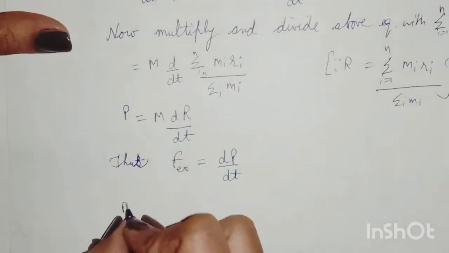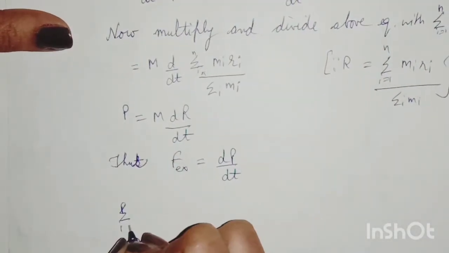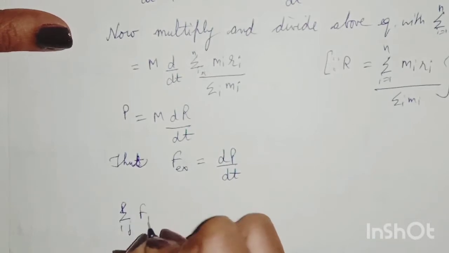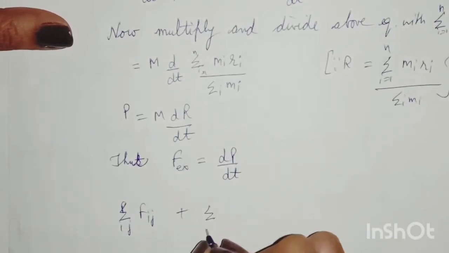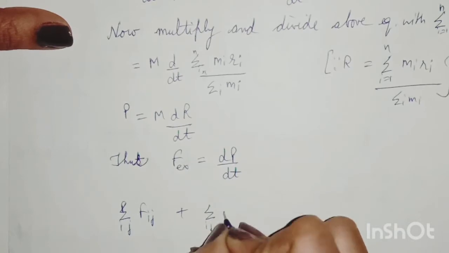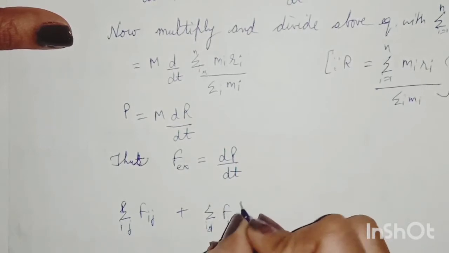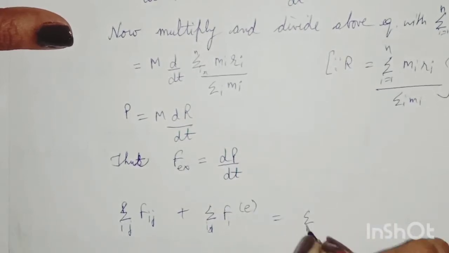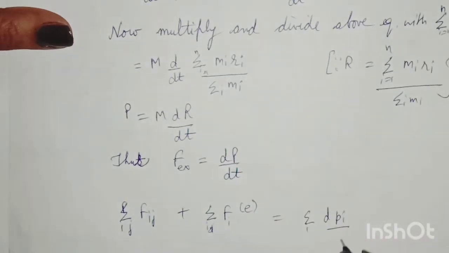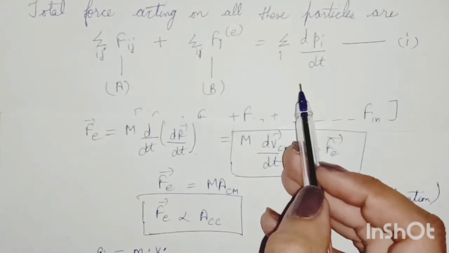So we can write it as summation ij Fij plus summation i Fi external is equal to summation dPi upon dt from equation number 1.